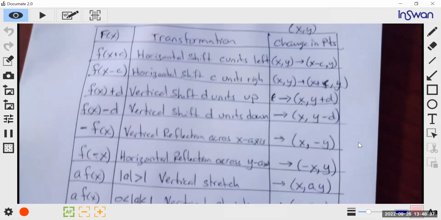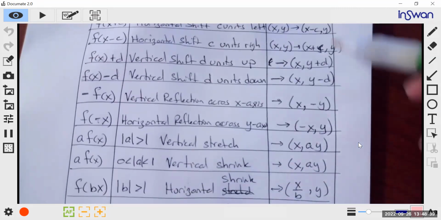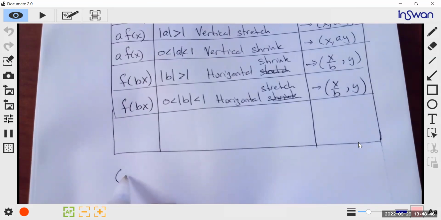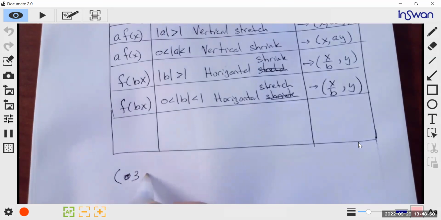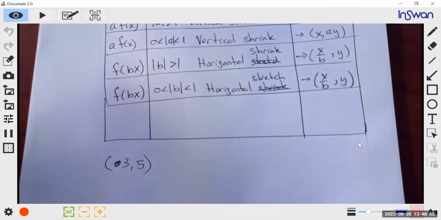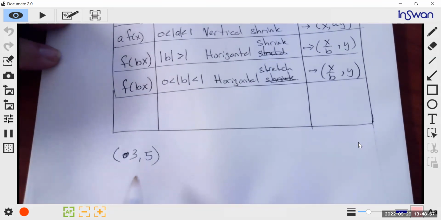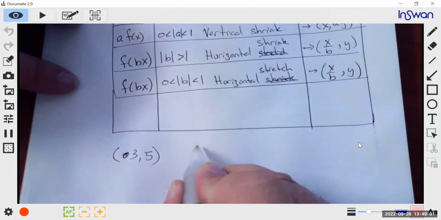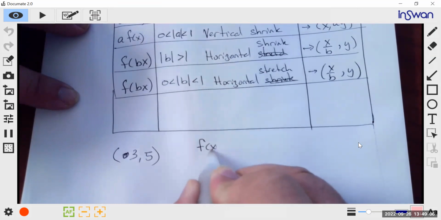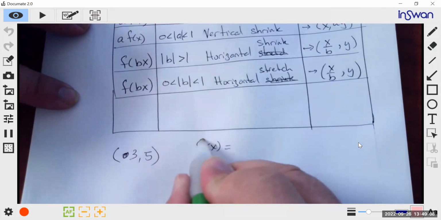Okay, using these things here, I want to see if you know how to use this part here. If I gave you a point, let's make it +3, +5. If you had a point, +3, +5, and you had this function, make it g of x.